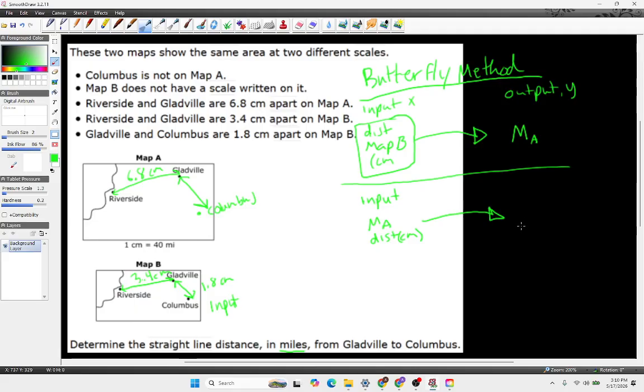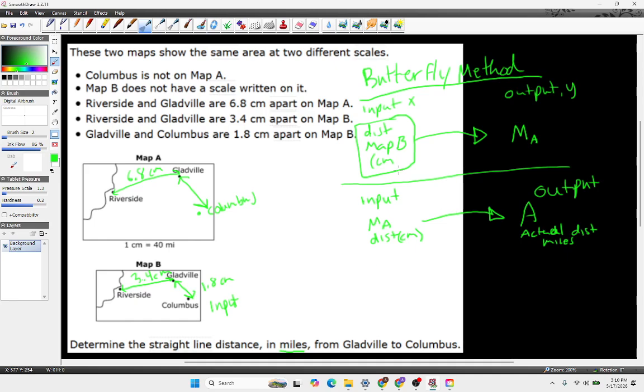So I'm just going to put big A for actual. Actual distance in miles. So this is going to be my output. So I'm going to be using the butterfly method twice. This is the process I'm going to use here.